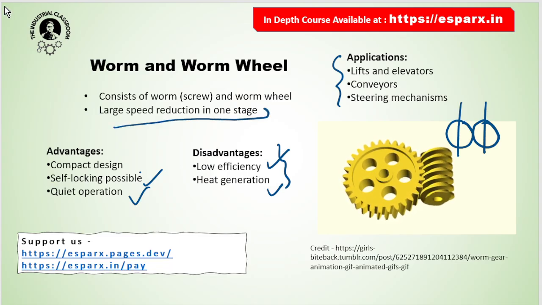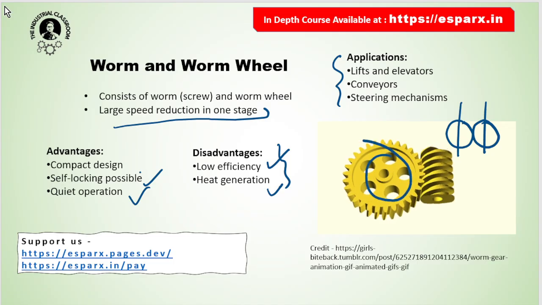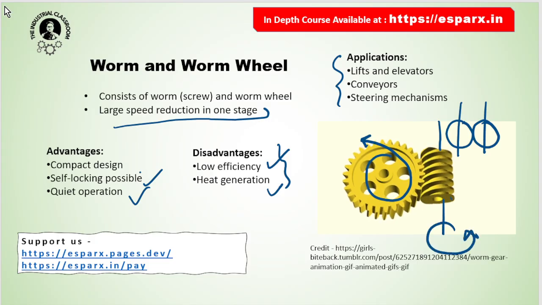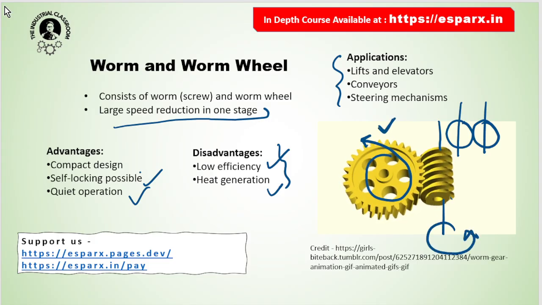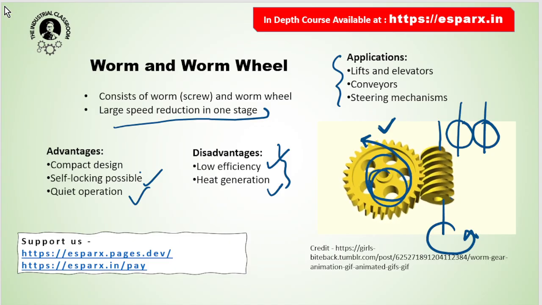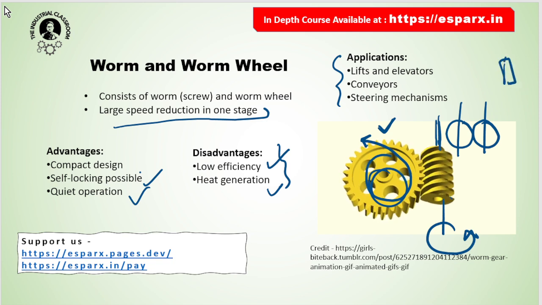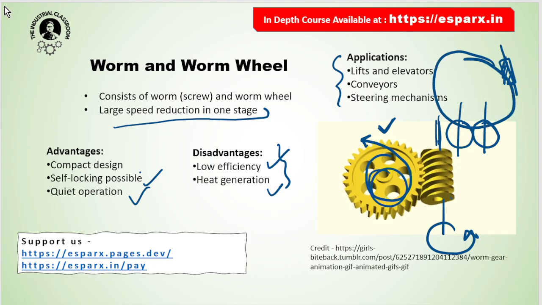Whenever this is moving at a high speed, you can see the worm wheel moves at a very slow speed. Let me make you understand this. There is a small diameter of the worm, right, and a large diameter of the wheel.